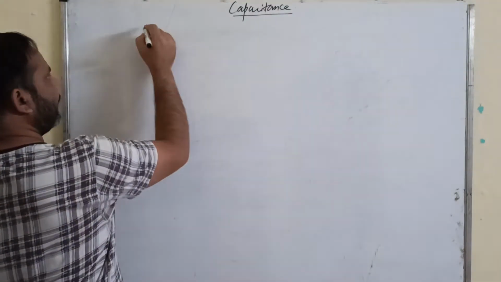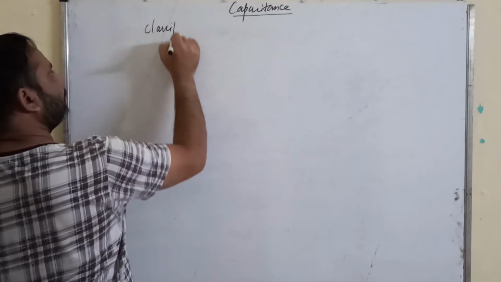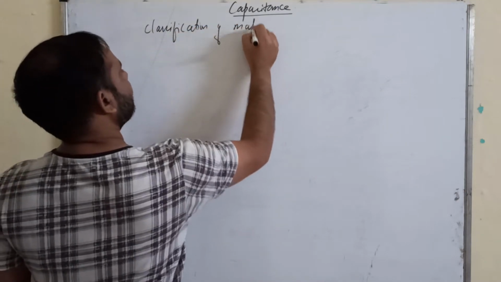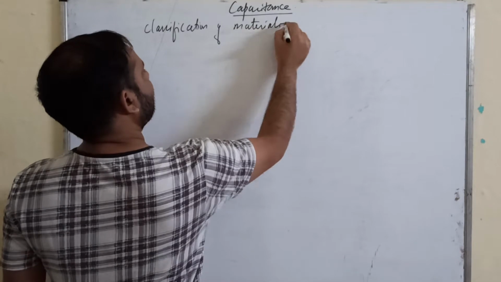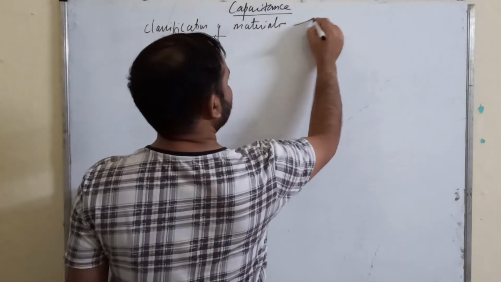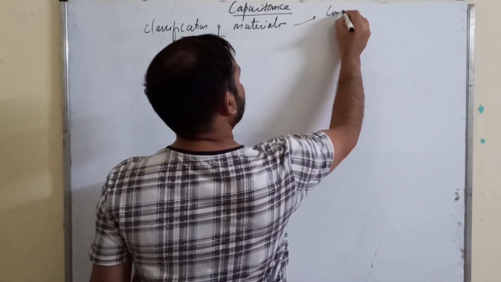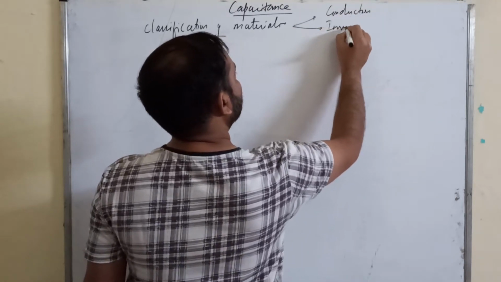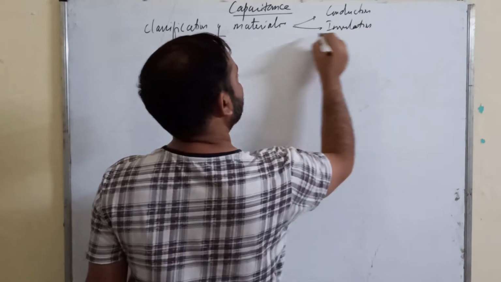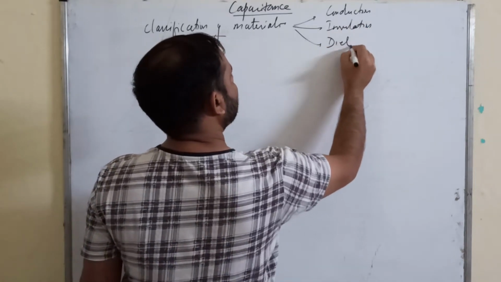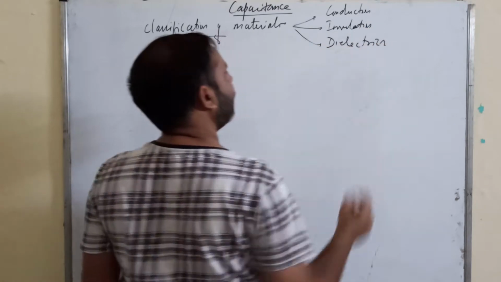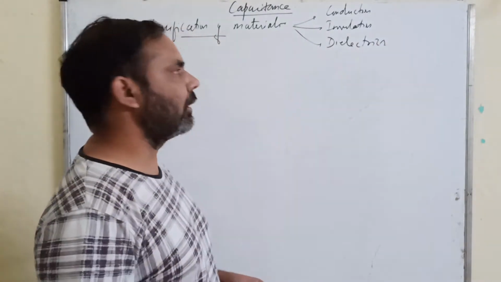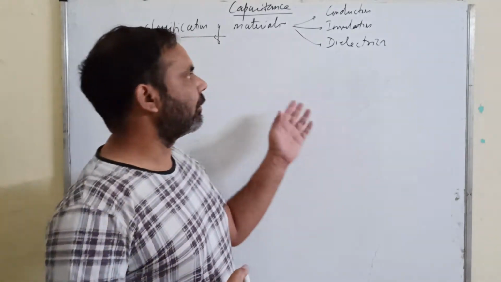First of all, I will start with the classification of materials, and they can be classified as conductors, insulators and dielectrics. On the basis of their conductivity, they can be classified as conductors, insulators or dielectrics.